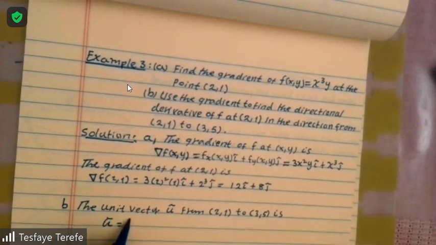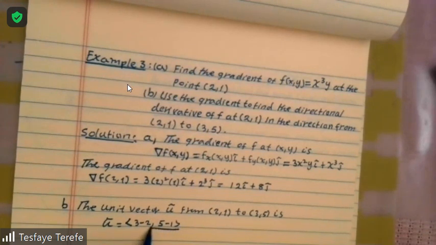So the x component is 3 minus 2, and the y component is 5 minus 1, over the square root of (3 minus 2) squared plus (5 minus 1) squared. Is it clear what I'm doing, guys?